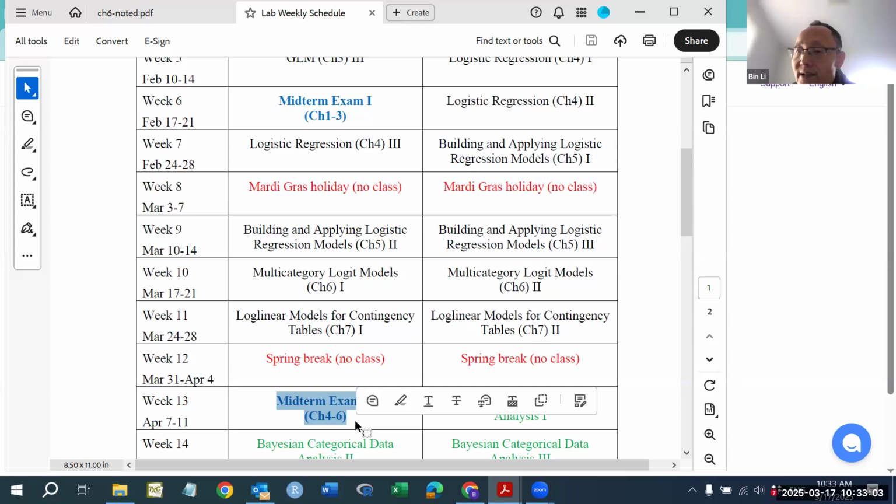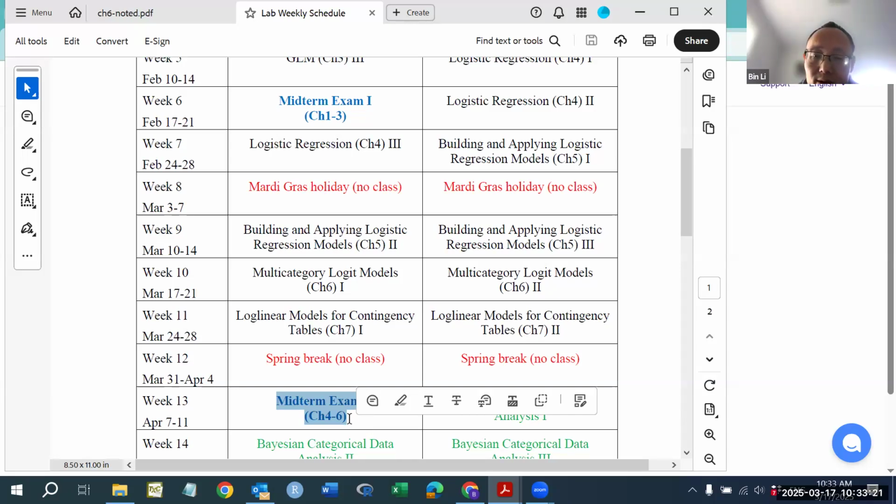Exam 2 covers chapters 4, 5, and 6. Although we will talk about chapter 7 before exam 2, I will leave chapter 7 to the final exam.